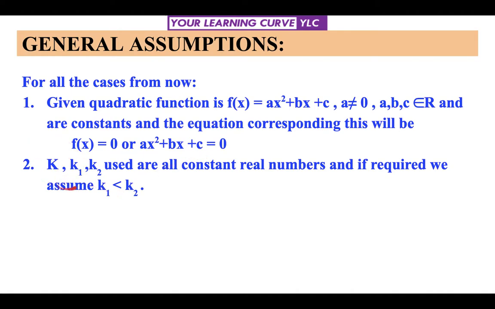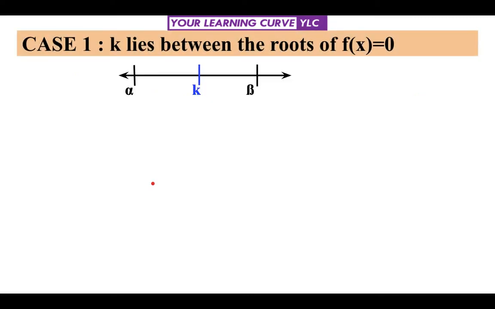K or k1 or k2 used are all constant real numbers, and if required we assume k1 is less than k2, means these alphabets k, k1 and k2 are constant numbers for location of roots.